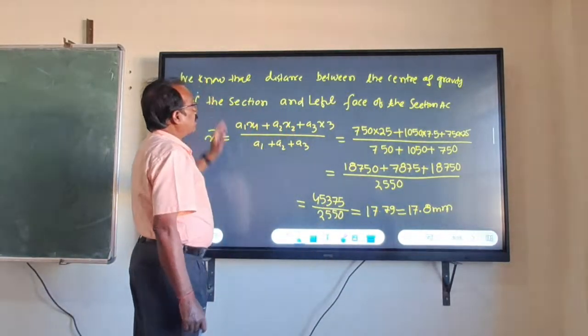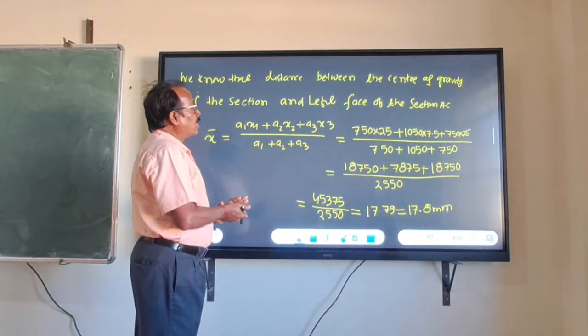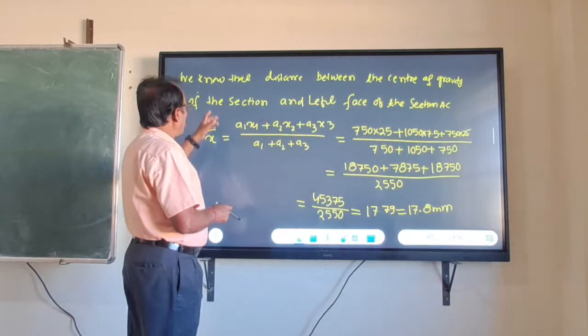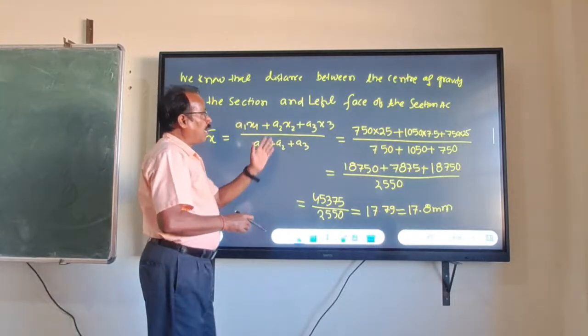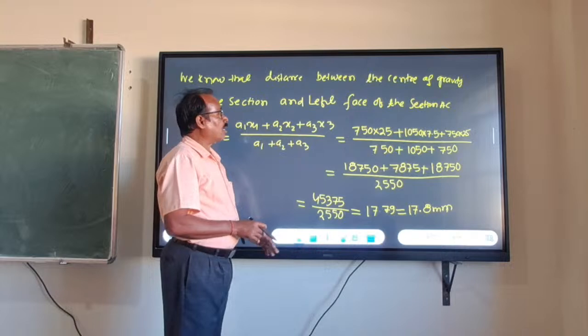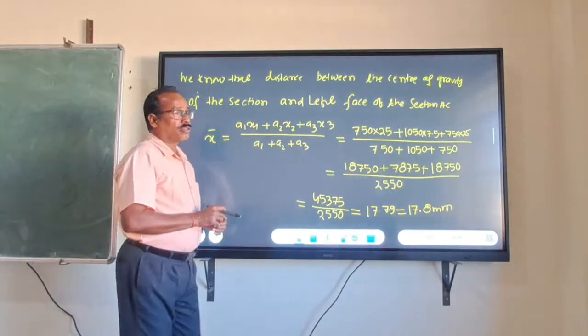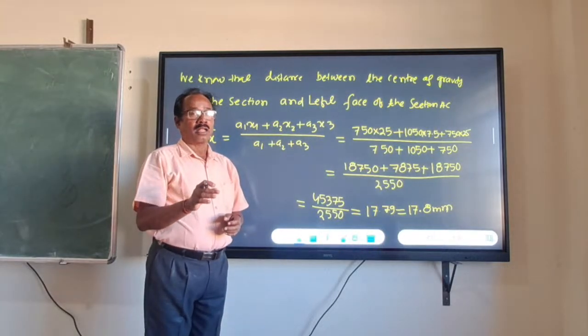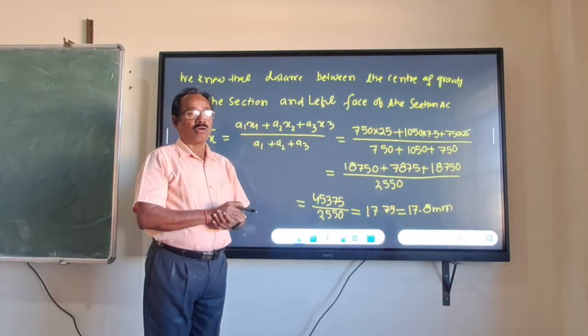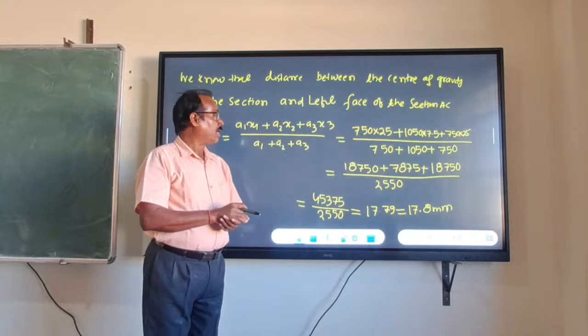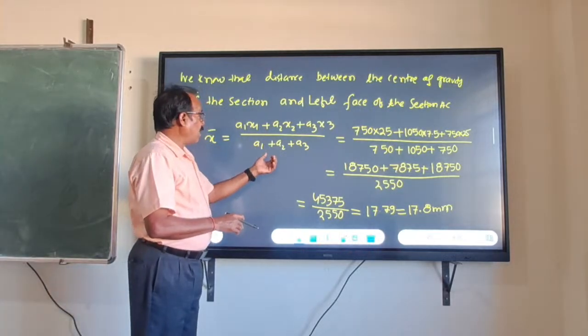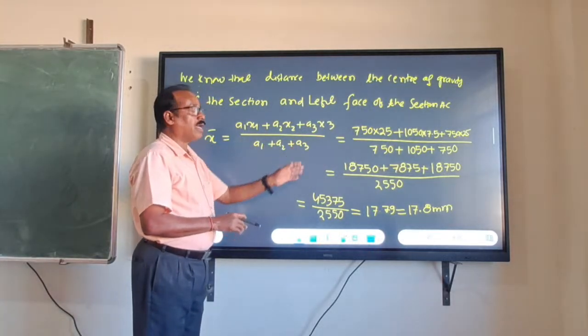We know that the distance between the center of gravity of the section and the left face of the section AC is x bar is equal to A1 x1 plus A2 x2 plus A3 x3 divided by A1 plus A2 plus A3.